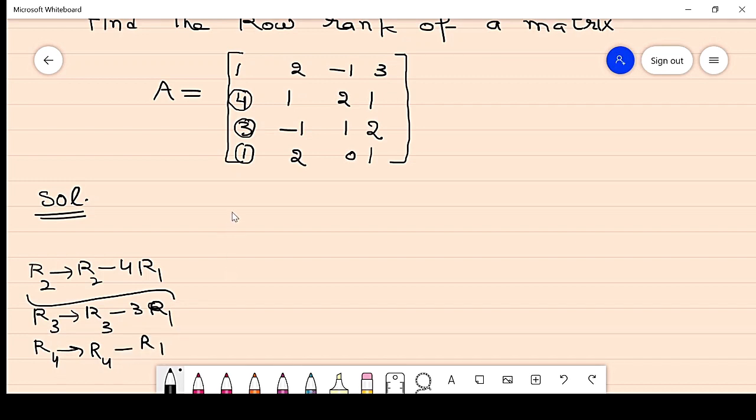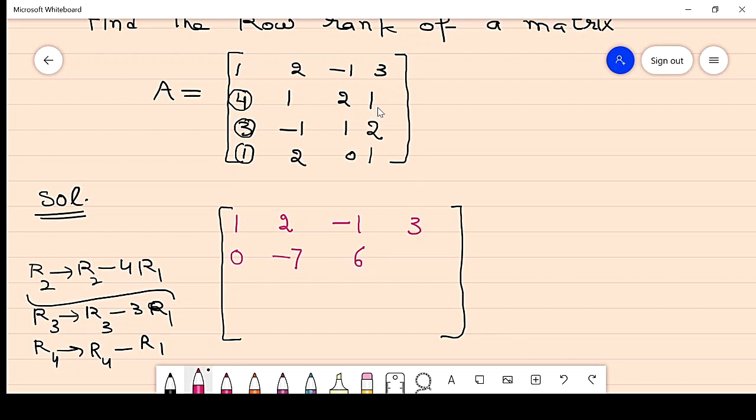So this is a simple calculation. The first column is the same: 1, 2, minus 1 and 3. Now multiply by minus 4 and add to this row. So this will be 0, minus 8 plus 1 is minus 7, 4 plus 2 is 6, minus 12 plus 1 is minus 11.